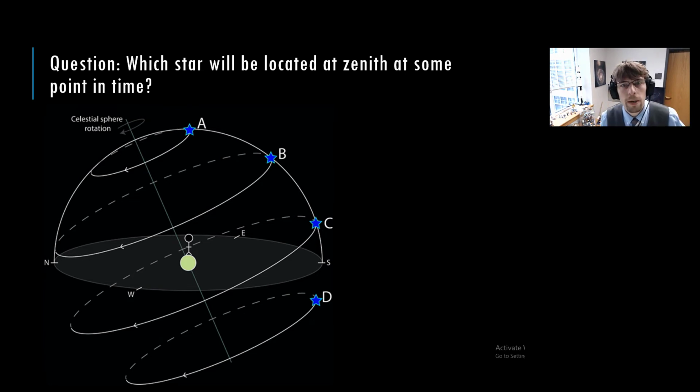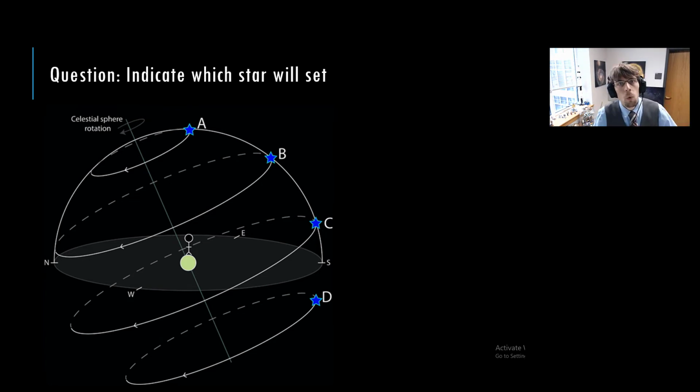Let's go for another one. Here we go. Which star or stars will set? Got it? Good. So we should ask ourselves, in terms of the terminology that we have, what does it mean for a star to set?